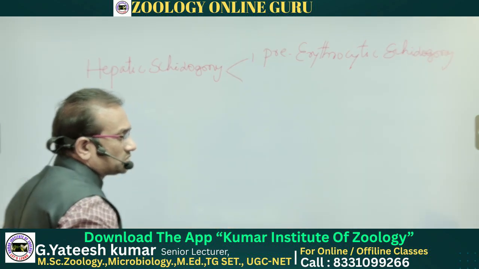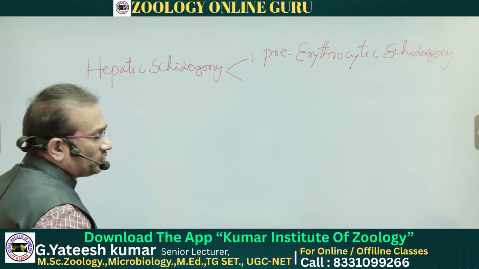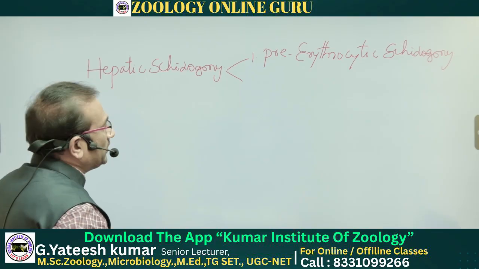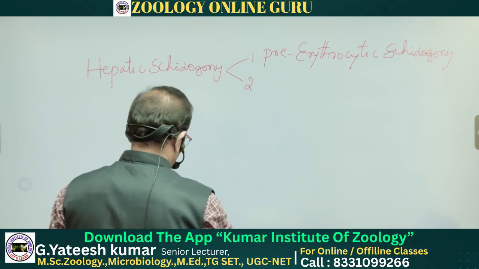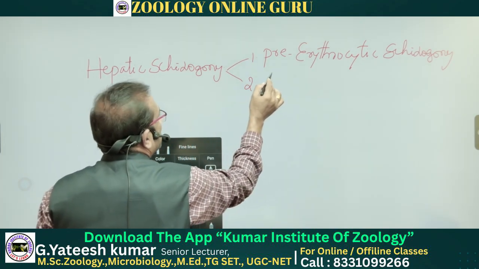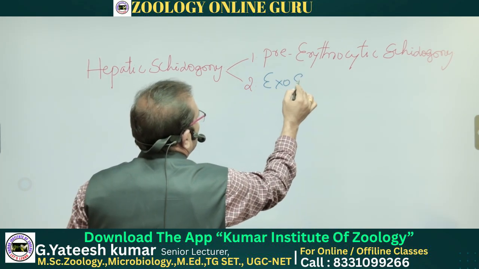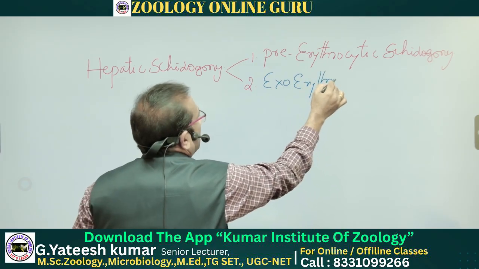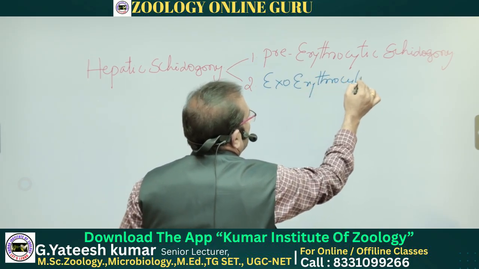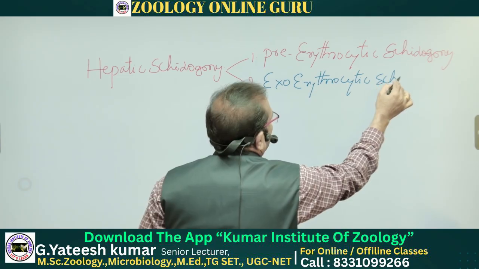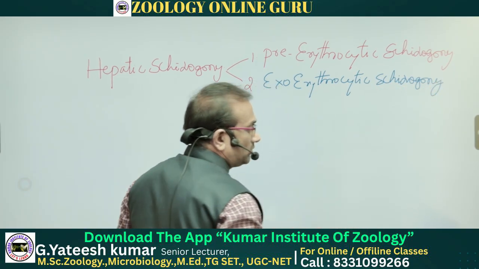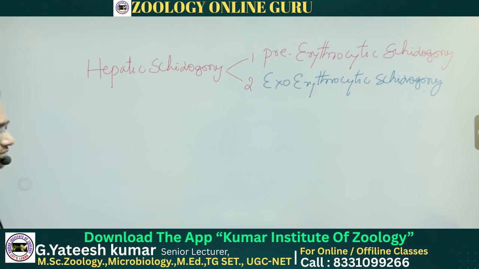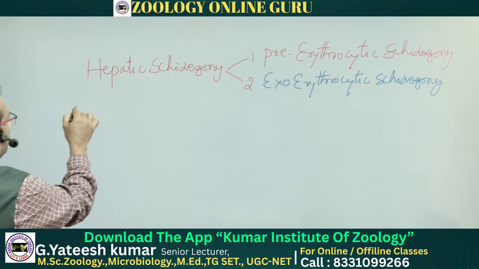Pre-erythrocytic schizogony means before entry into the RBC. Second one is known as exoerythrocytic schizogony.